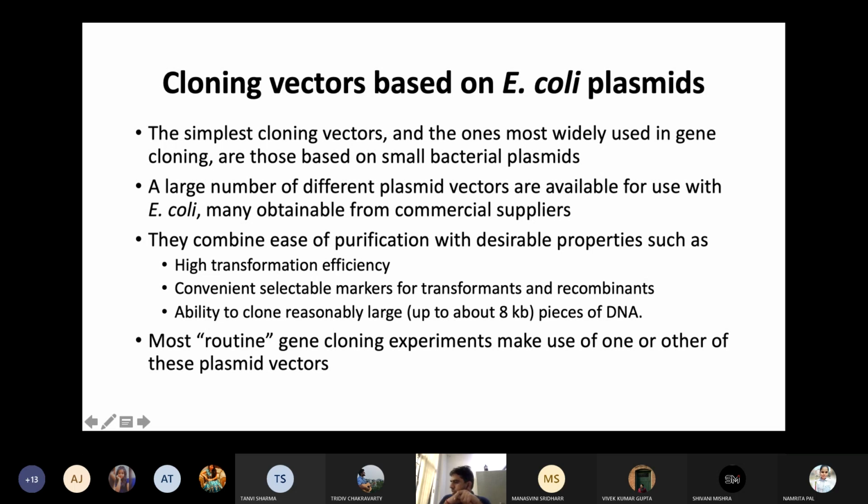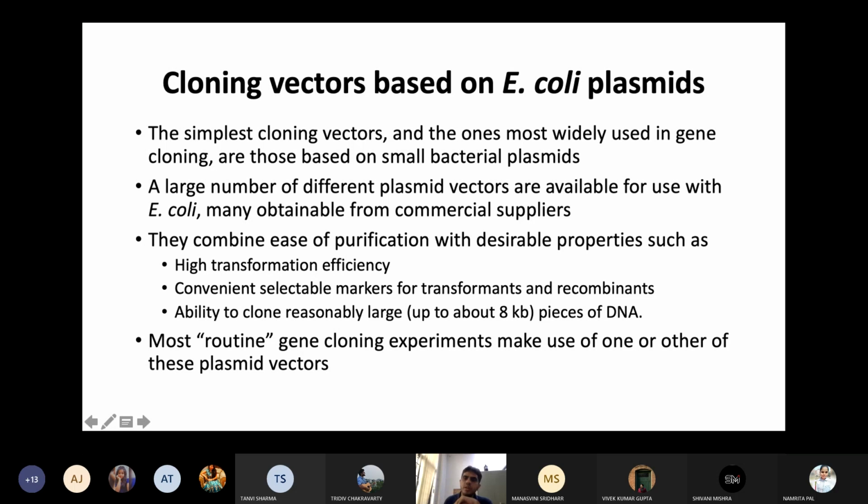So what does transformation efficiency mean? This is an important thing that we will talk about in your practical also. Transformation means that your vector DNA is outside of your cell. Even a small amount of the vector DNA you give will be able to transform. Transform means it will be able to enter the host.